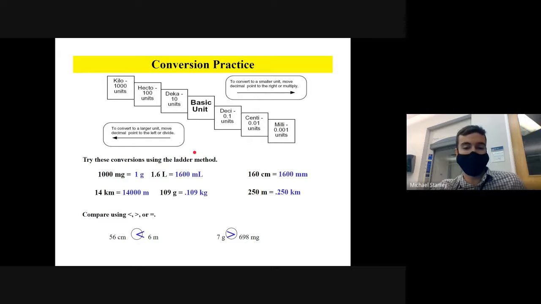All right, let me look at another good example here. Oh, this one I like. Let's see, we have 160 centimeters, and I want to know, is that really equal to 1,600 millimeters? So centimeters, centi is right here. So that's our starting spot.